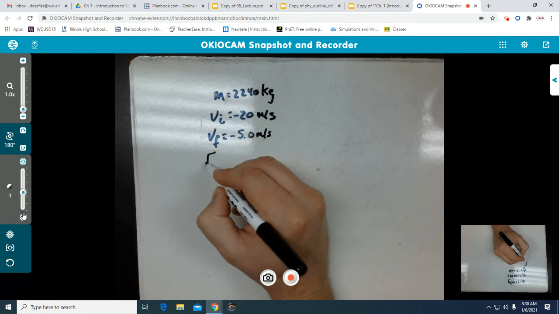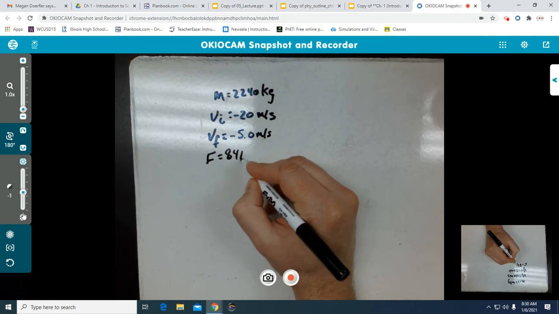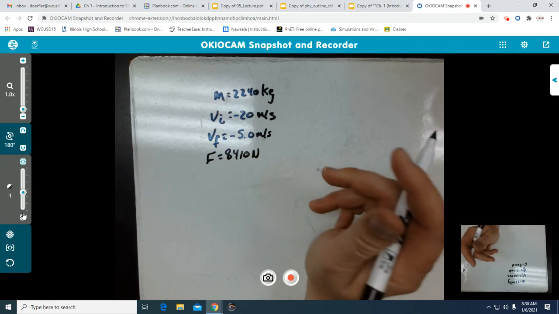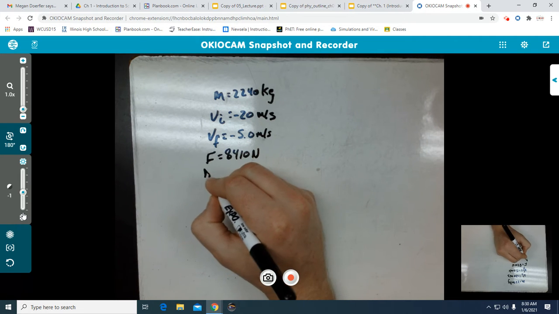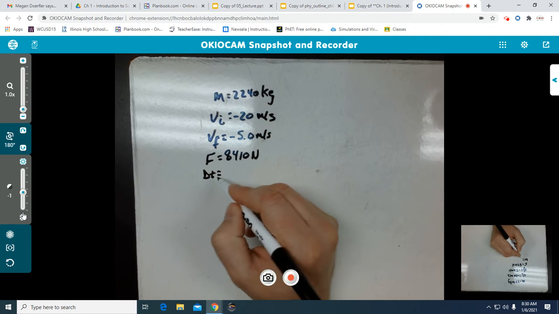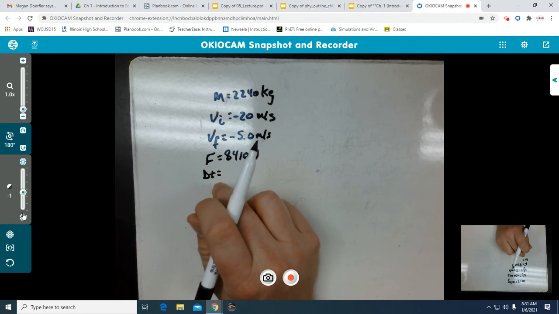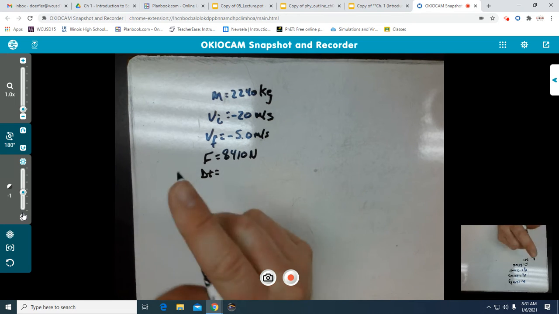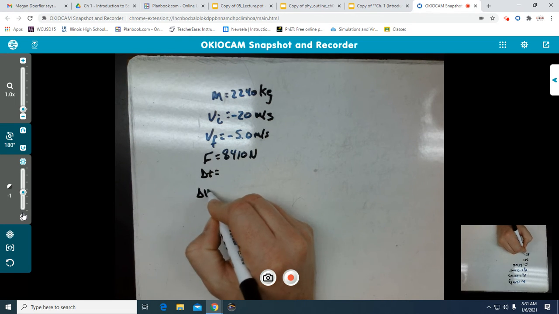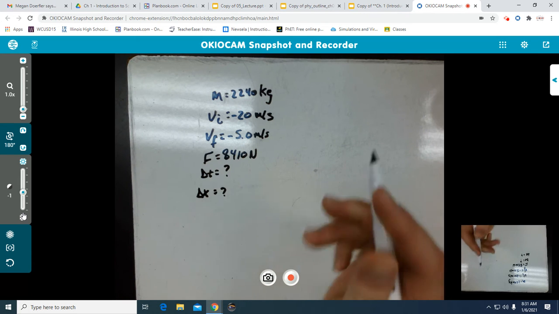We know that a force of 8,410 newtons to the east was causing it to slow down at that rate. So the first thing we're going to do right now is solve for delta t. Eventually, in our next question, we're going to solve for how far it went, so we'll come back to that in a second.